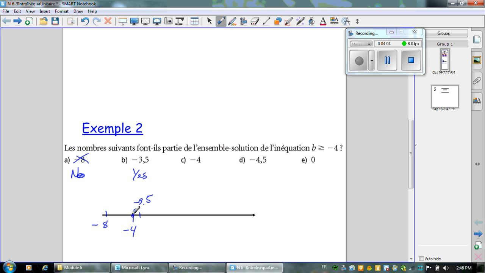Negative 4 is equal to negative 4, so yes, because it can be equal. Negative 4.5 would be to the left, so it's smaller, so no. And 0 would be here, so that one's okay, it's greater. Yes.